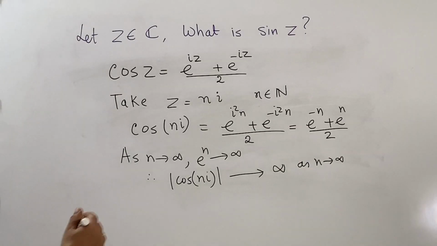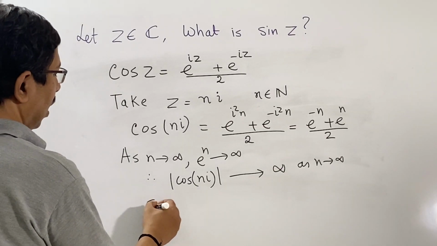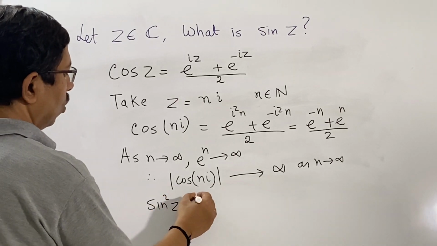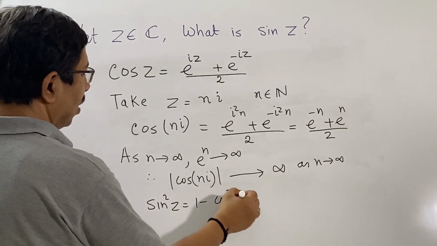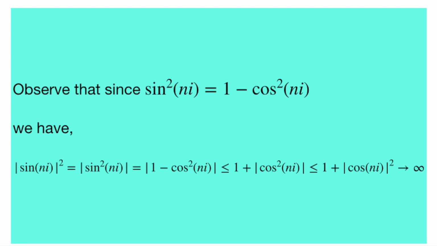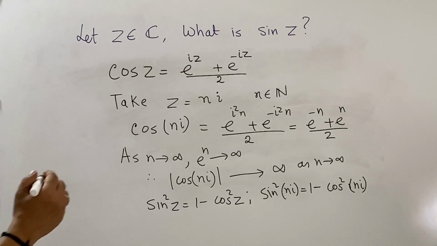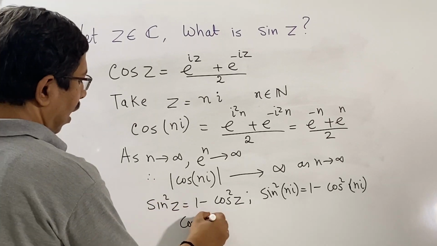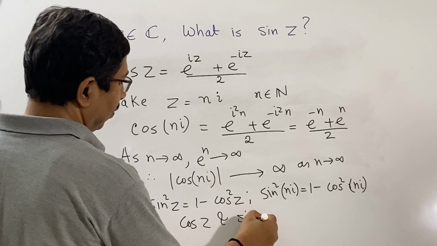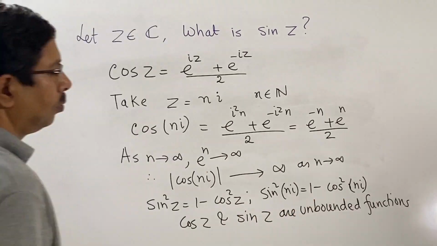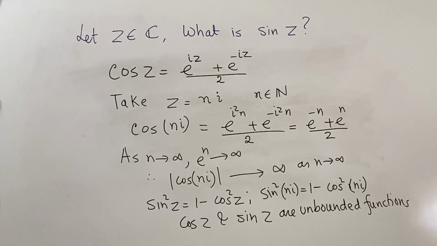And since we have already seen that sine square z is 1 minus cos square z, therefore both cos z and sine z are unbounded functions. So the boundedness property that we knew for the case of real x has to be given up as we extend the definition of sine and cos to the complex domain.